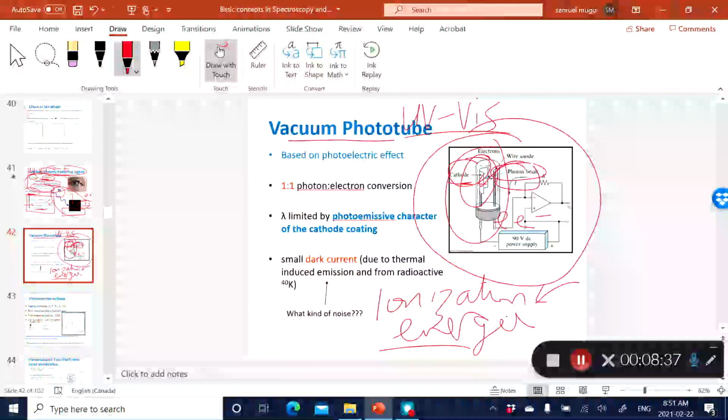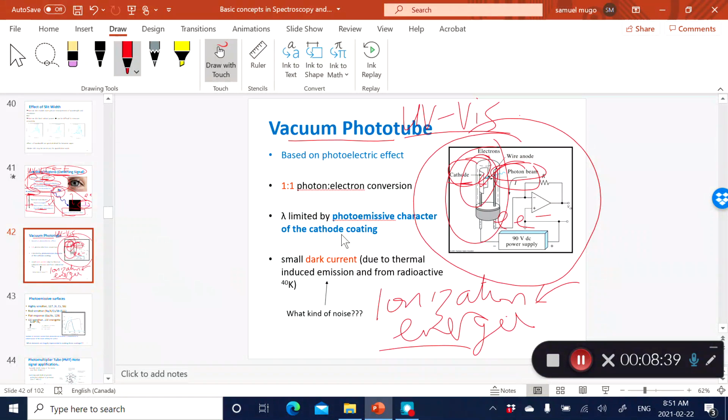Okay? That is the basis of what you refer to as the photoelectric effect. Now, these types of materials that have fairly low ionization energy, sometimes we call them photoemissive materials. I've just explained what type of materials they are.